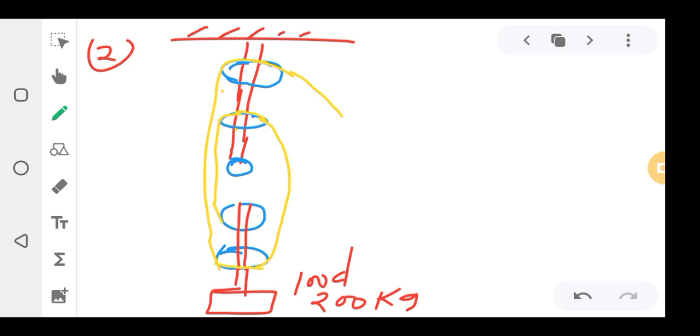And then after attaching itself to this one, it goes up again. So it attaches itself to that one, then it goes down, and then it attaches itself to this one. Like that.